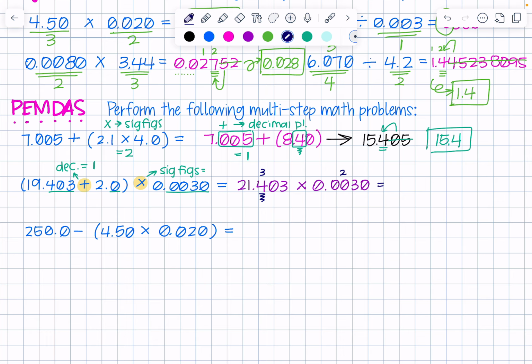And what I get is 0.064209, which I will then round per our sig fig rounding rules to 2 sig figs. All right, this is my second significant figure. 2 tells it to stay the same, so I get 0.064 and eliminate those other digits.